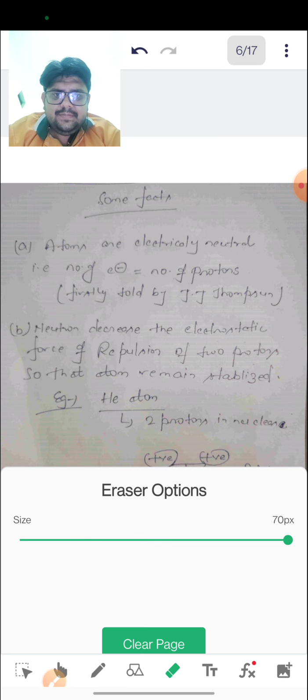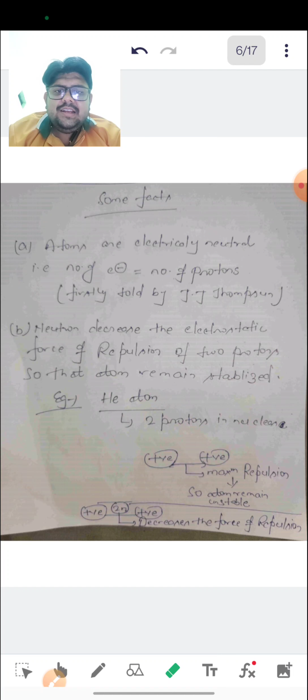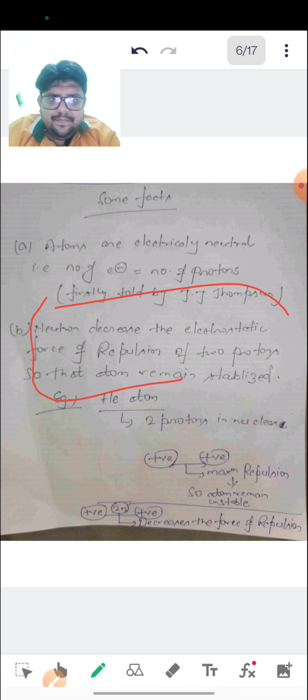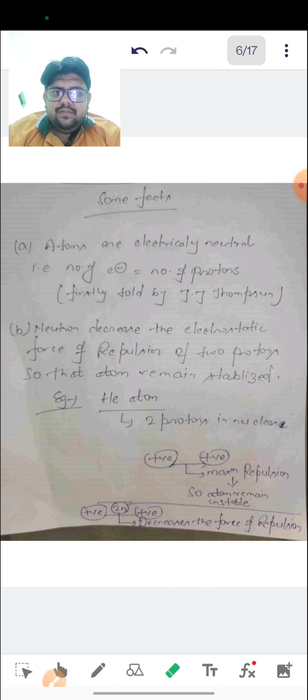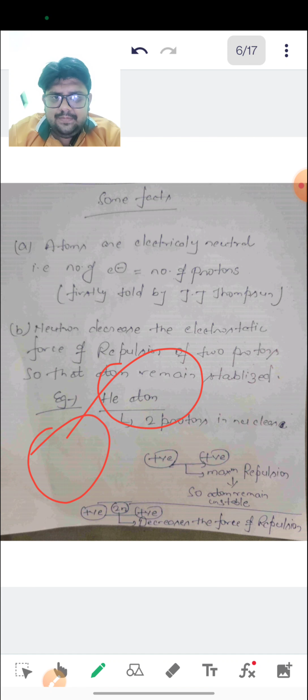The second point is that neutrons decrease the electrostatic force of repulsion between two protons so that the atom remains stable. What does it mean? This is a very important point, so let me explain it. To explain this point, I want to take the example of a helium atom. In the helium atom, we know that in its nucleus there are two protons, positive and positive.